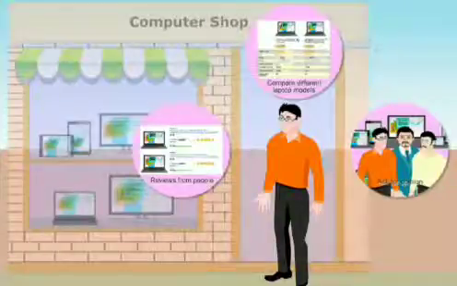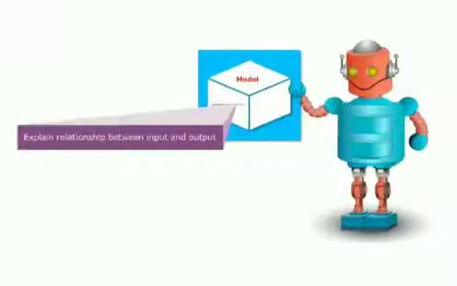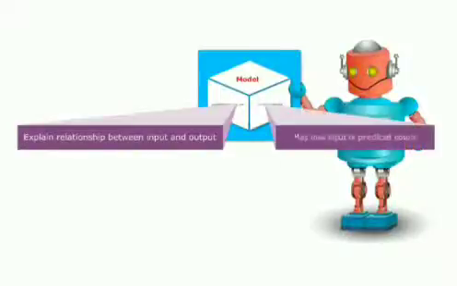Similarly, in supervised data mining, the objective is to build a model that can explain the relationship between inputs and output. The model can be considered a hypothesis that can map new input data to predicted output. For a given training set, multiple hypotheses can explain the relationship with varying degrees of accuracy.